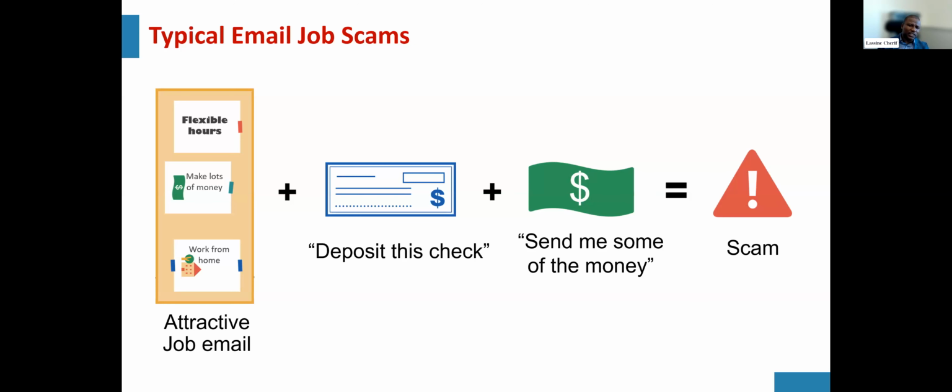There's always a sense of urgency in the process. They will tell you, if you have some money in your account, use your own money to purchase the office supplies, and once the check clears, you can get your money back. But unfortunately, your check will bounce and you will lose your money. That's how it works.